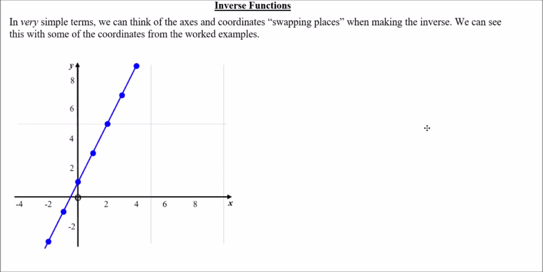If I take the graph of the original function for question 1, which is a graph of y equals 2x plus 1, then we've got this blue line here, linear, obviously, as we can see. However, if we just literally swap, it's like the coordinate axes swapping places. So if I call the y-axis x, and if I call the x-axis y, just swap the letters round, like so, then that essentially is the inverse.